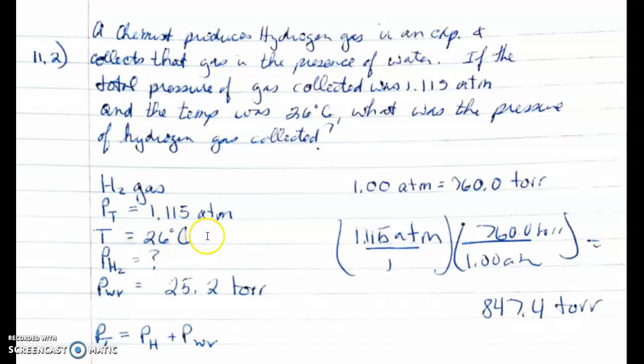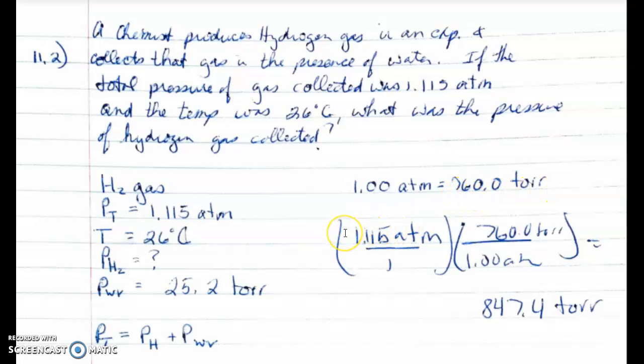However, we have one issue, right? The total pressure is given in atmospheres, and the partial pressure of water vapor is given in torr, so we must convert. And honestly, it doesn't matter which direction you go, you should get the correct answer. In this case, you have to remember the conversion factor, that 1.00 atmospheres equals 760.0 torr.